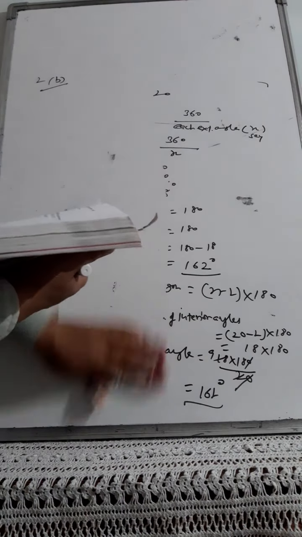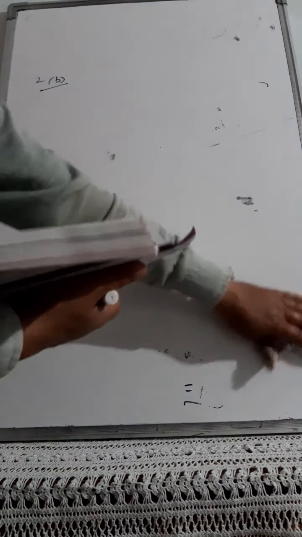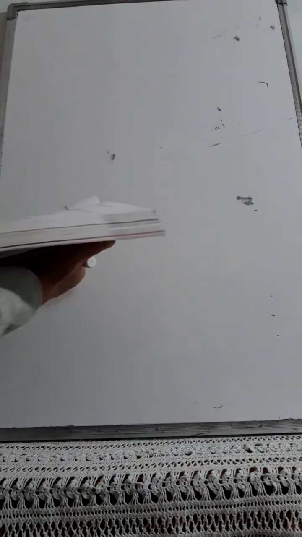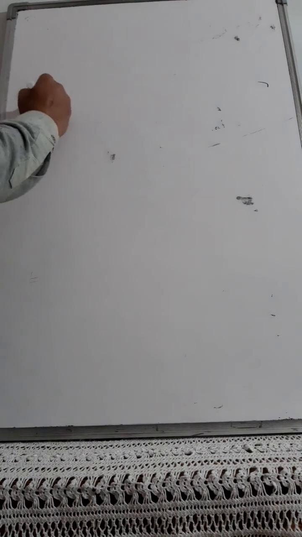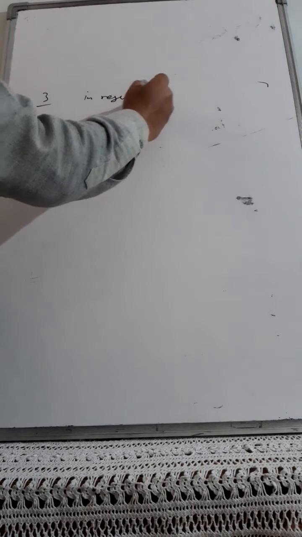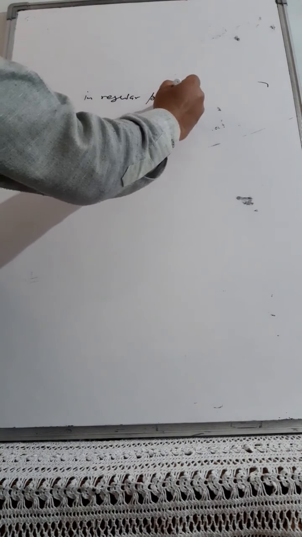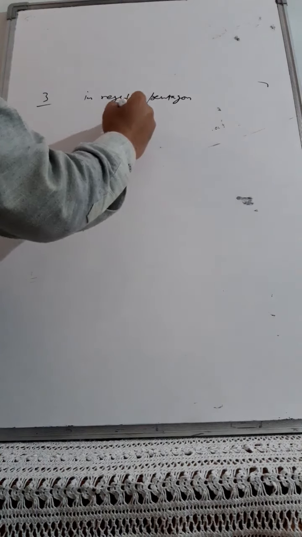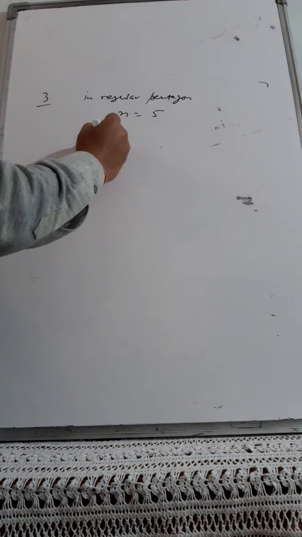Then come to number 3 now. Question 3 is: find the number of degrees in each exterior angle of a regular pentagon. So in a regular pentagon, n is equal to 5, the number of sides.